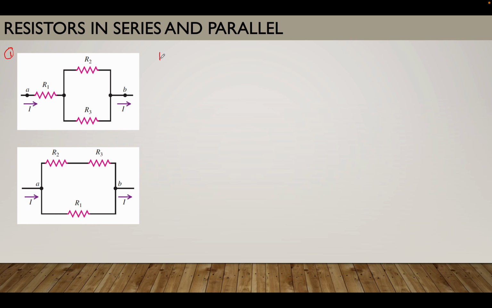Let's call it RA. It is not yet the total resistance of the circuit. So 1 over RA is equal to 1 over R2 plus 1 over R3. Let's say, for example, our 1 over RA is 3 over 10 ohms. So RA is 10 over 3 ohms.